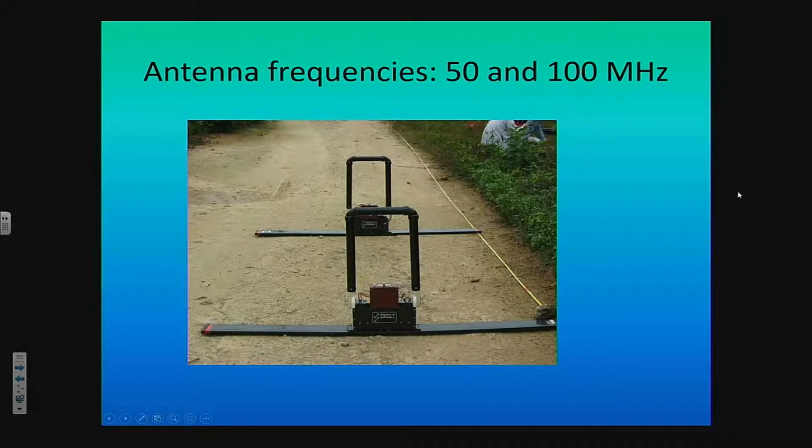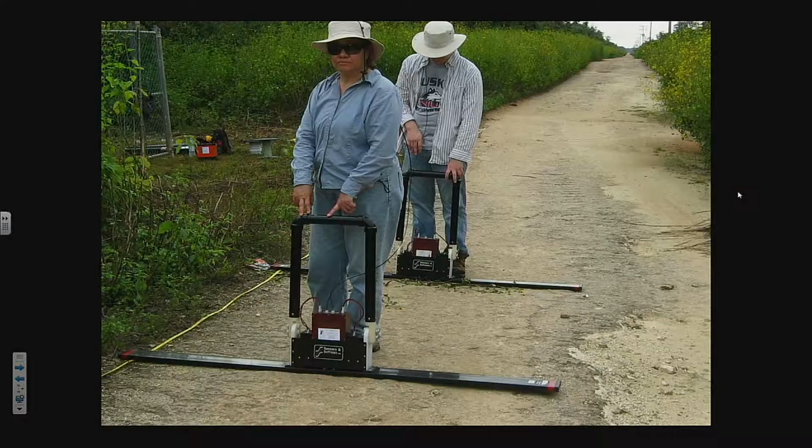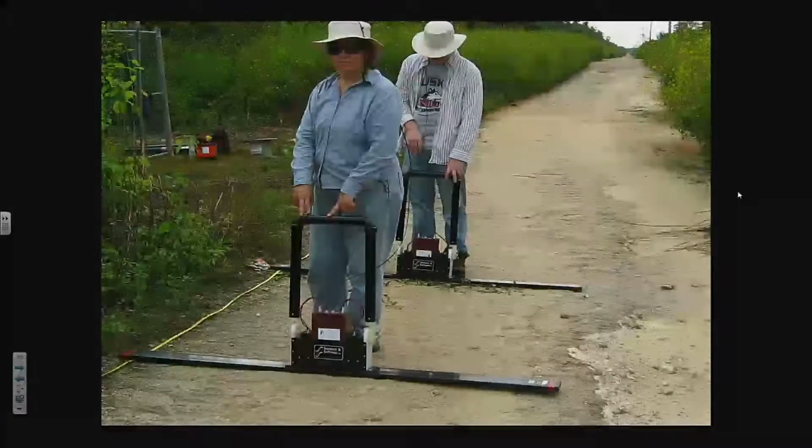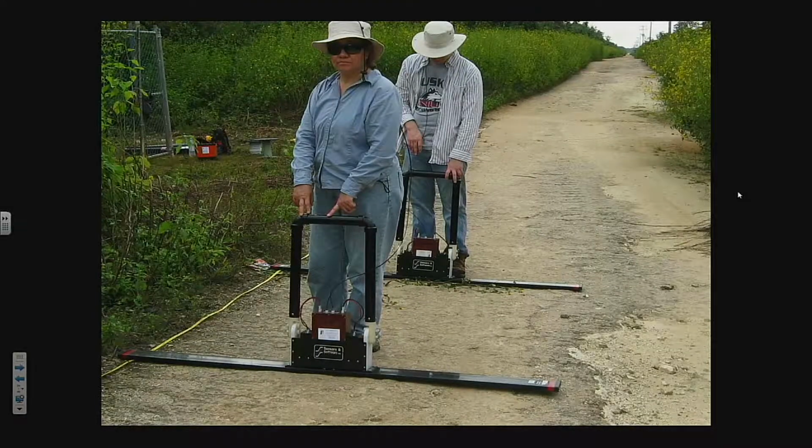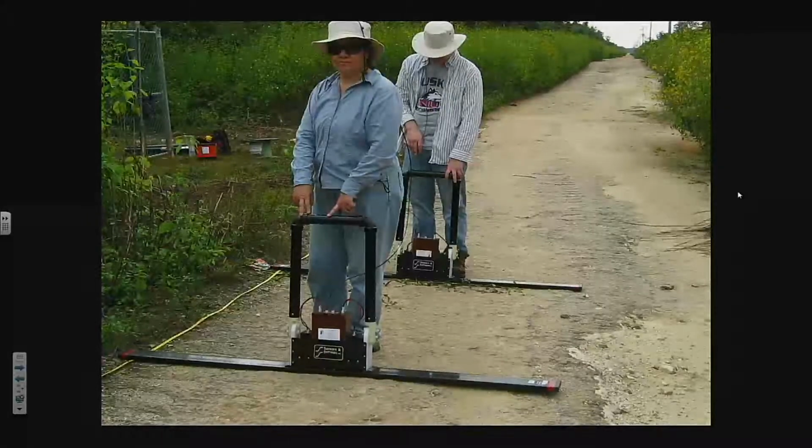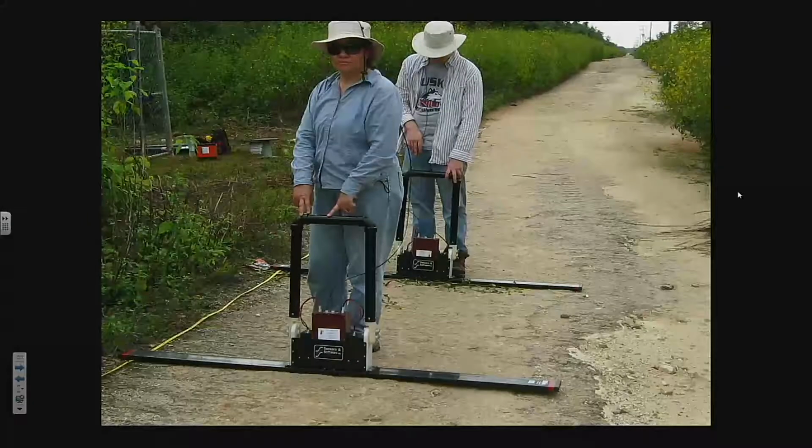We also have 100 megahertz antennas, which are very similar to your FM receiver. So you just march these along a profile line. And there's a former student, Ryan Adams, and that's Rosa there, collecting some data. And again, we're along a well-filled road here.